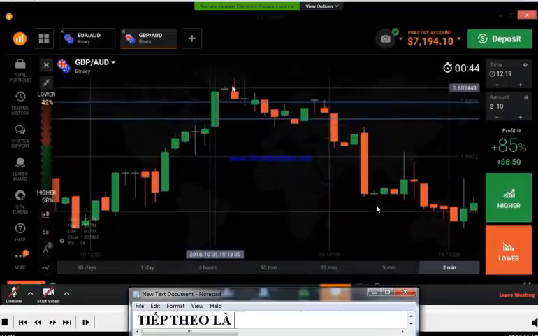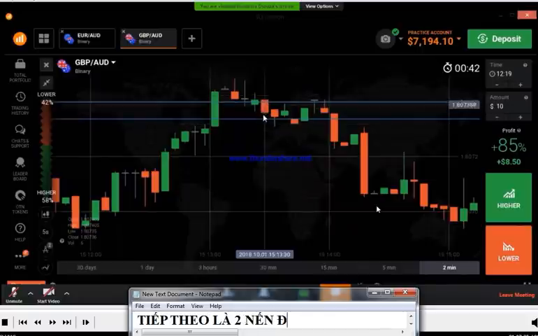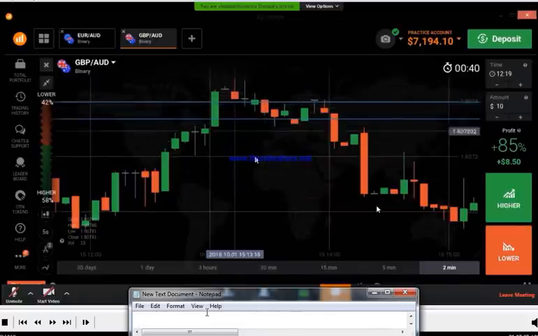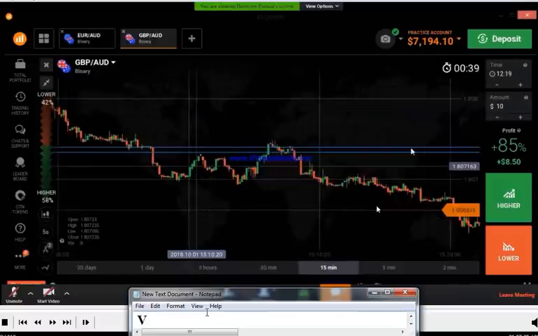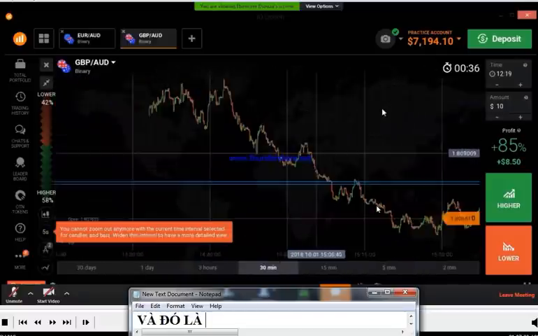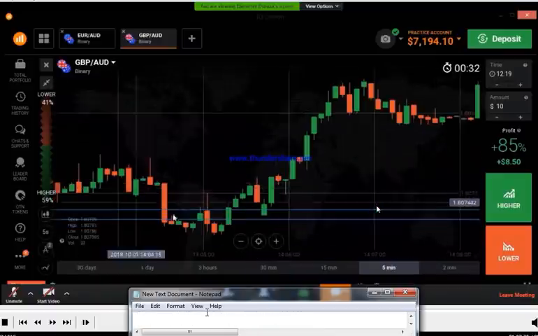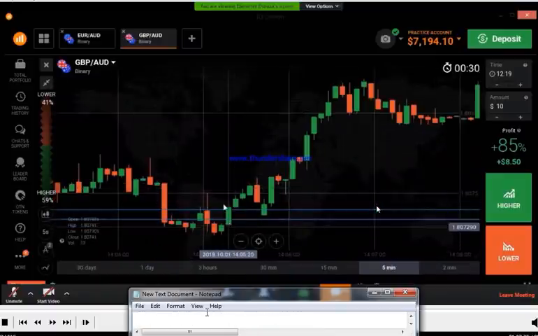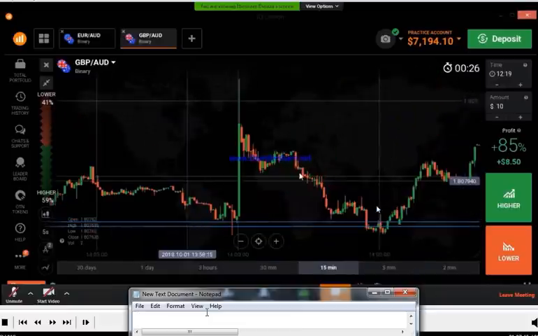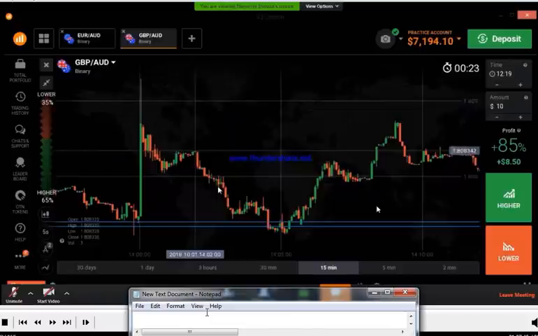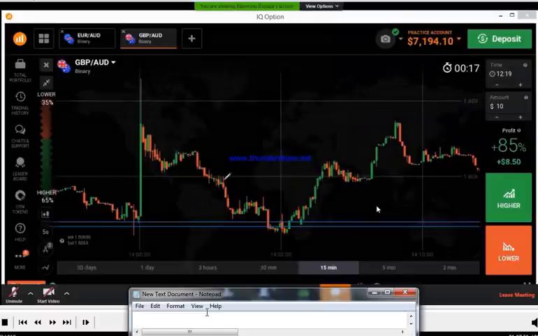Okay, this is the breakout. You can see there is a confirmation here. Not this, this is not a confirmation. So okay, there is no confirmation here. You can see the confirmation here, right? You can see the strong confirmation here, and here the market is taking a U-turn.